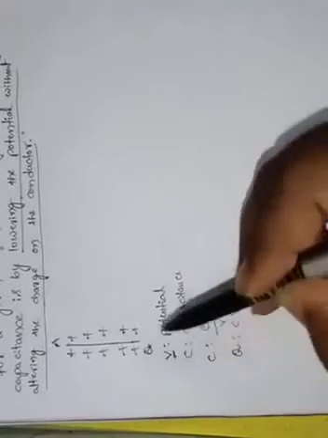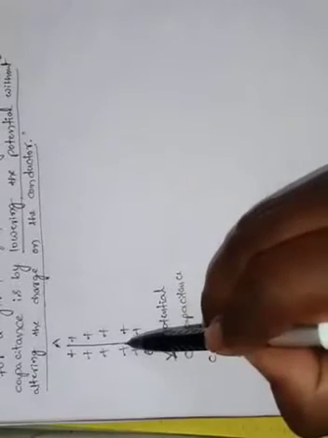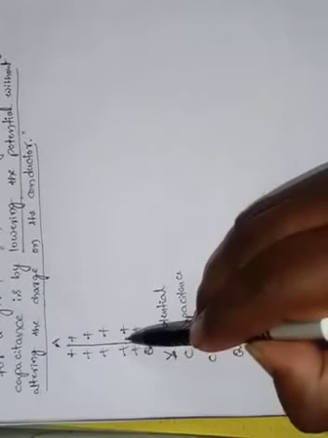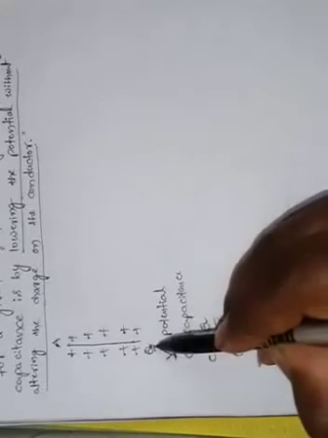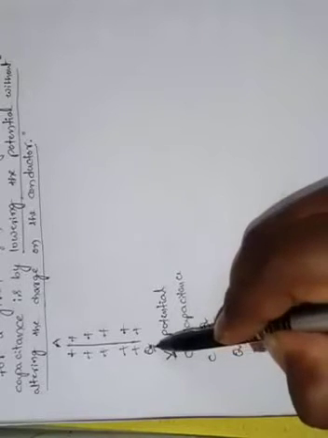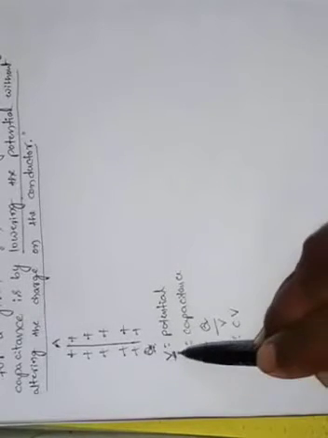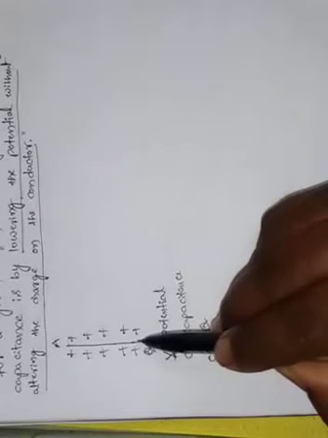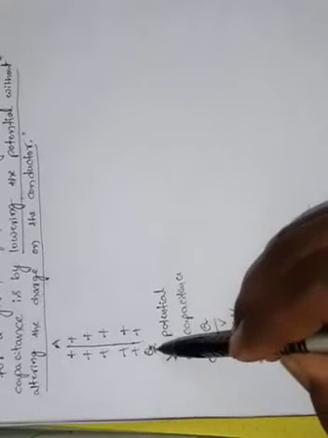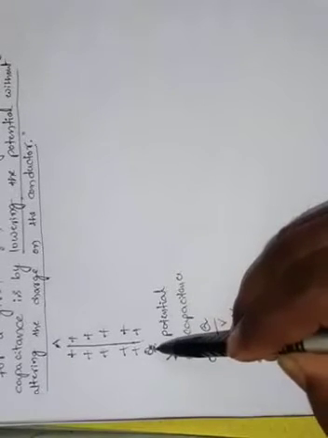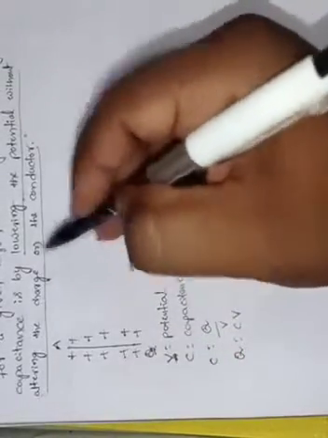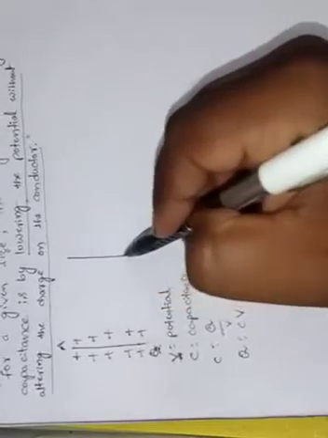At this potential V, this metallic plate A cannot hold or store more than this amount of charge Q. This point we have to note down. Now we have taken another metallic plate B, but that is uncharged.